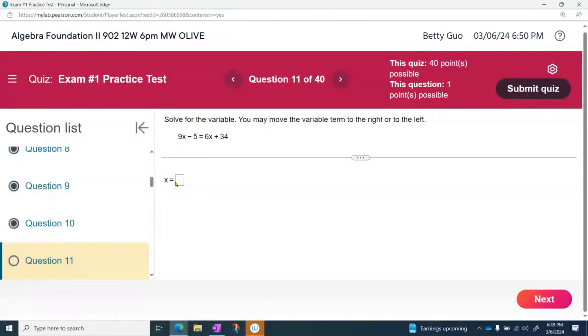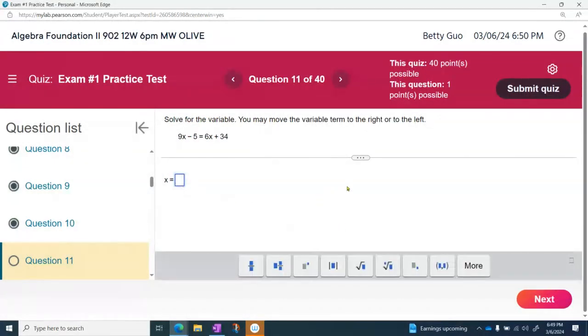You do this one, guys. And double check your answer. My method is transposing terms. Sometimes when you really grasp the technique very well, you can get it done very quickly. You move 6x over, minus 6x, so 3x on the left side.